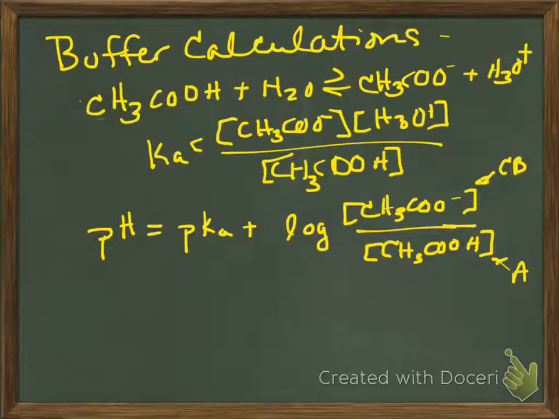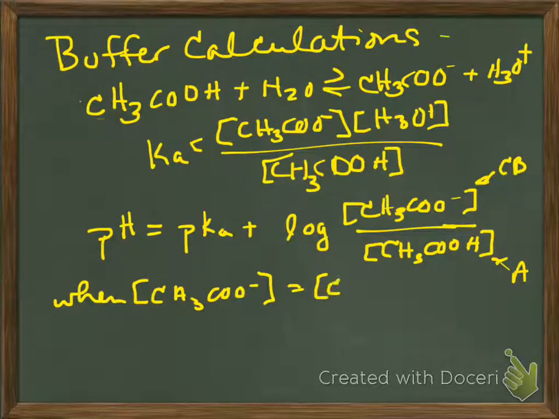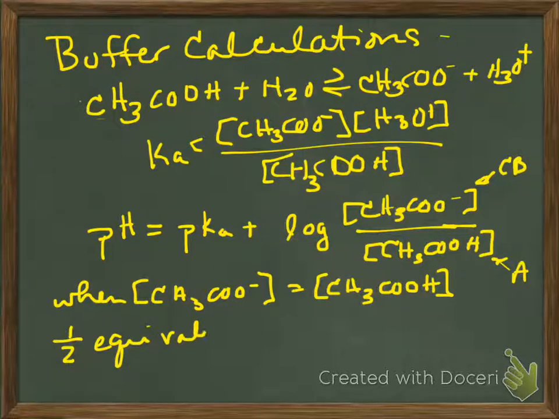Now, when the concentration of your conjugate base equals the concentration of your acid, you are at what is known as the half equivalence point. So at the half equivalence point, if we look at your pH, you are right here.